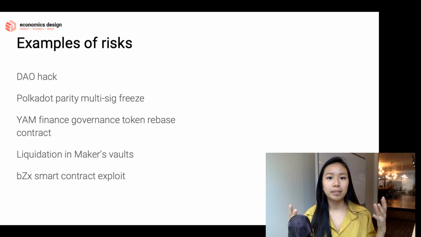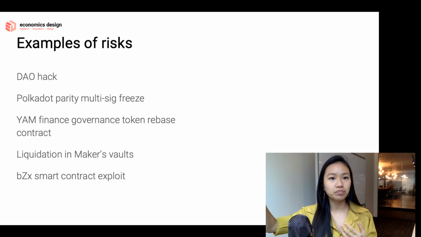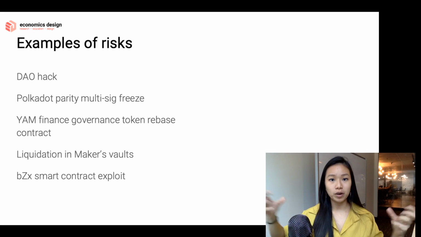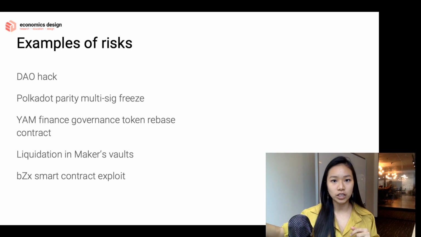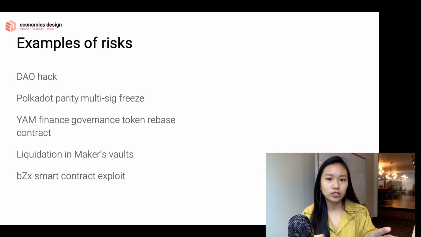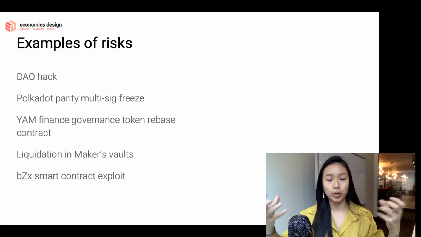So this is not exactly a smart contract risk per se. It could be considered an external infrastructure risk or some sort of governance issue. But these are still risks on chain, right? On the crypto platform.